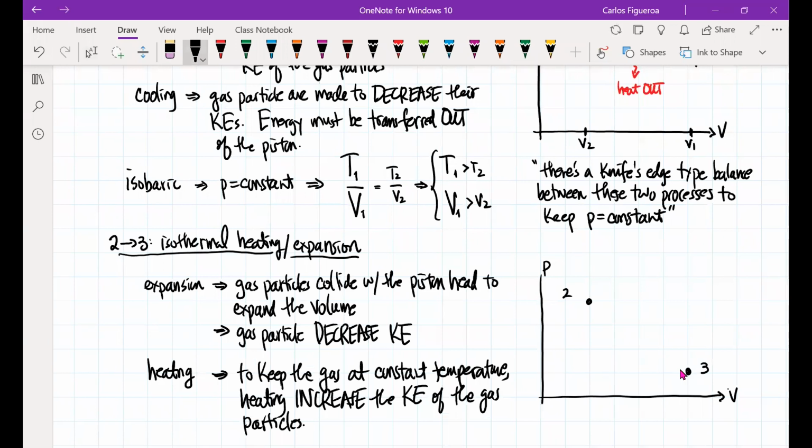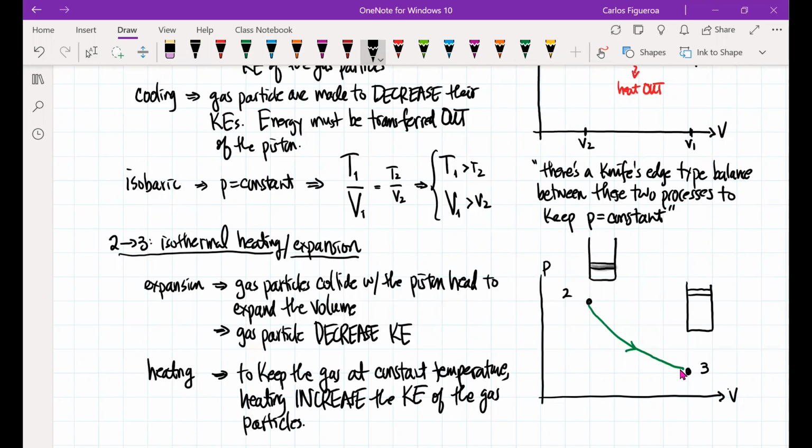If I look at my path, remember, if I say a path, it's a series of thermal processes, I'm going like this. So then what does my piston look like? My piston's going like this. Starts here as a lower volume, and then when I come over here, it has a higher volume.